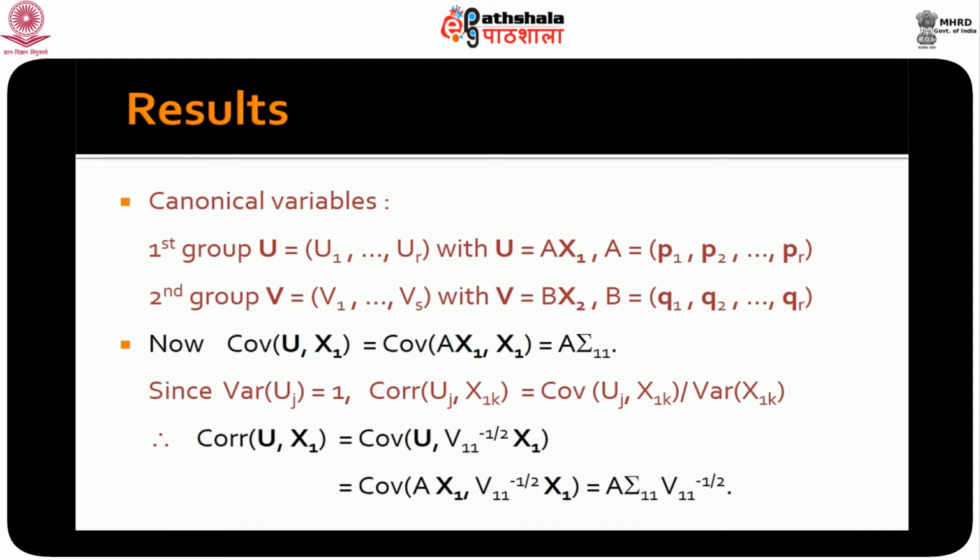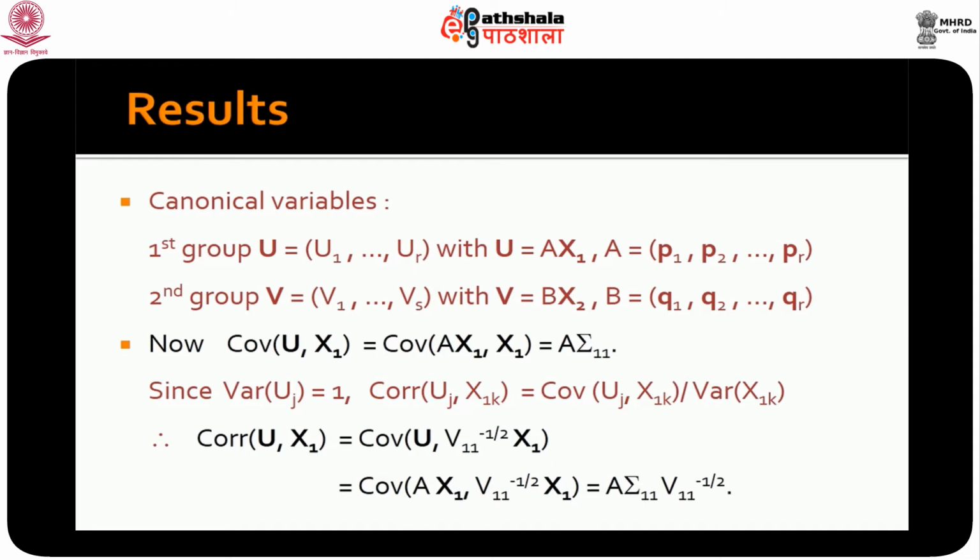Now let us look at the covariance between U and x1. So U is the canonical variable and x1 is the original variable. Now this is given by the covariance of Ax1 and x1, which is equal to A sigma 11.